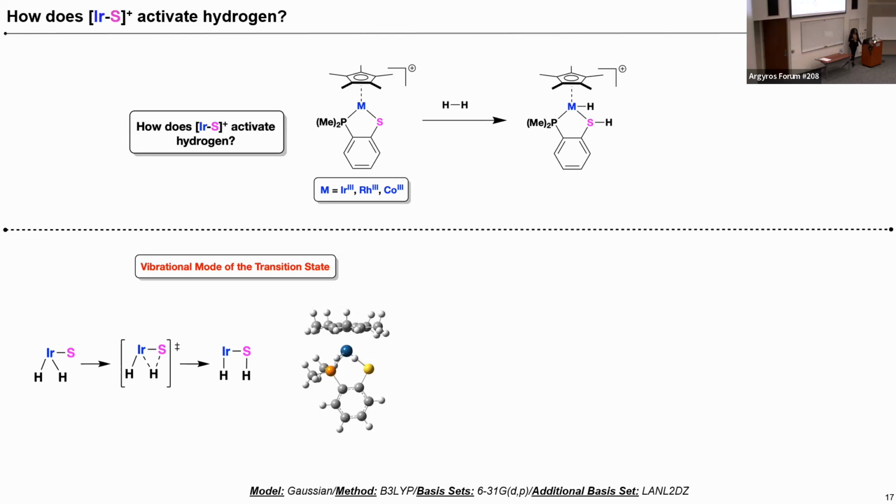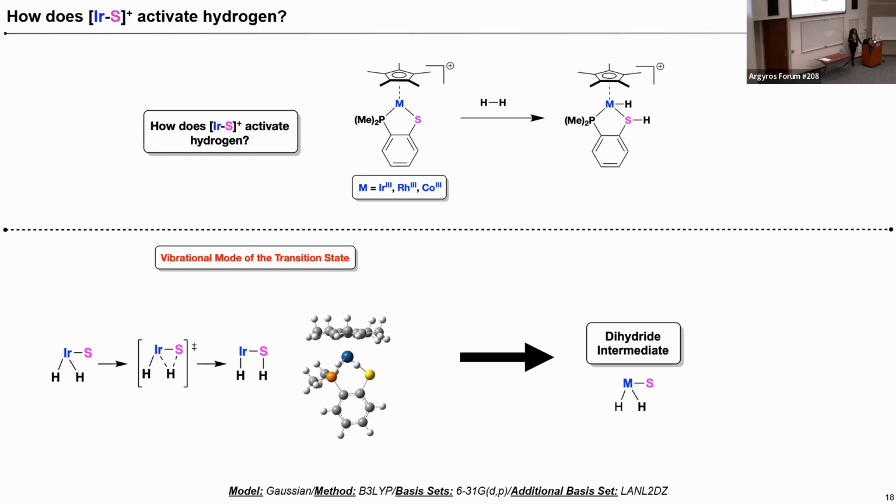And in doing that, I basically saw that the two hydrogens bonded individually to the iridium before one of the bonds was transferred to sulfur. When that transfer process occurred, the distance between the two hydrogen atoms was fixed, which is consistent with a dihydride intermediate due to that fixed distance.